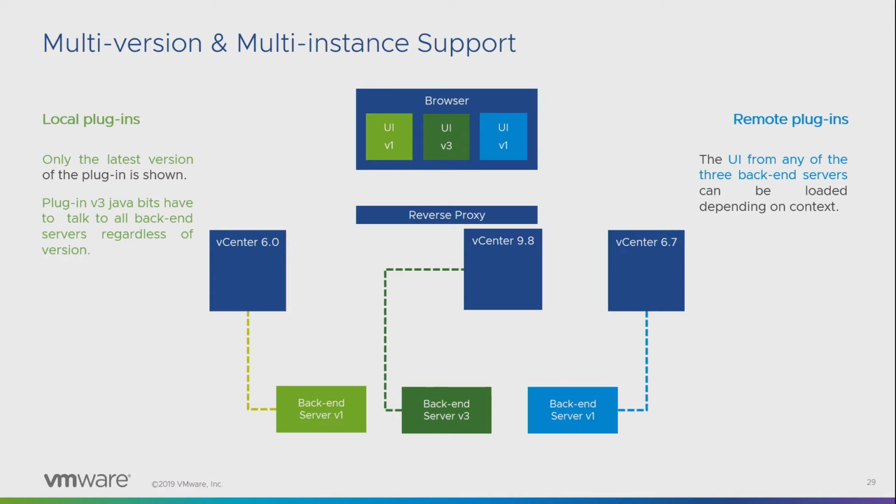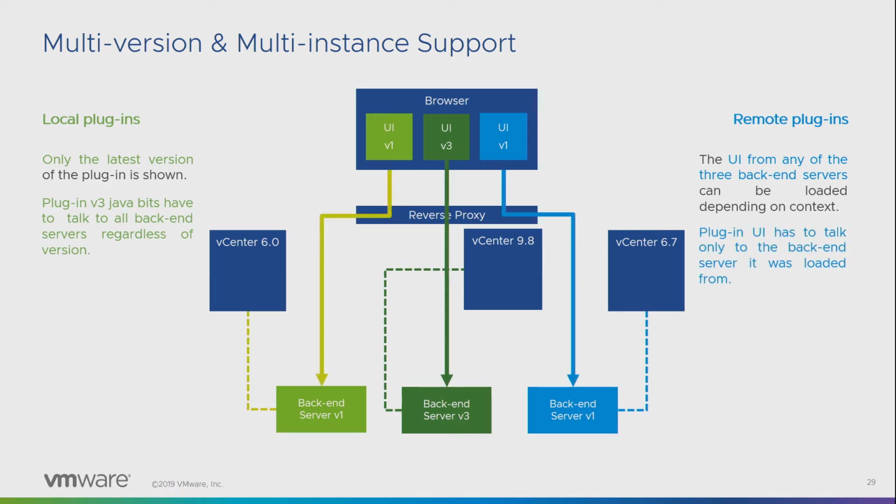So for 6.0, you would get the line plugin extension. And for vCenter 6.7, if you select a host that belongs to this vCenter, you would get the extension from the blue one. And in the other direction, they're talking to their respective backend servers.